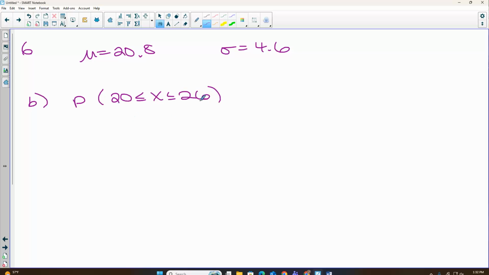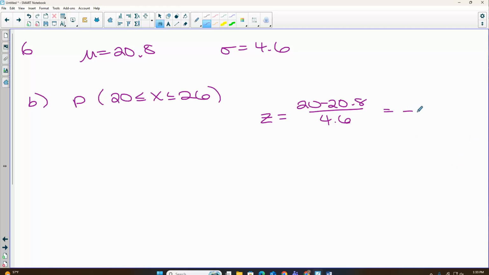Okay, but that's our X. So what do we have to do with those? A Z score. So Z is our value minus the mean divided by standard deviation. We have to round Z's to 2 decimal places for the purposes of looking them up on the table.